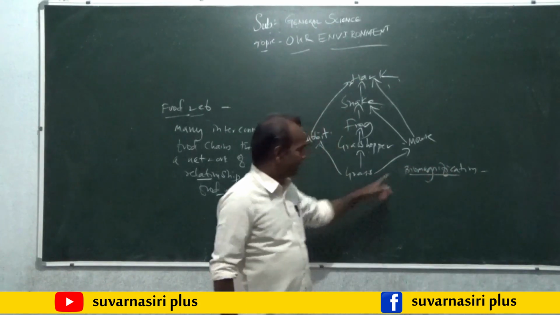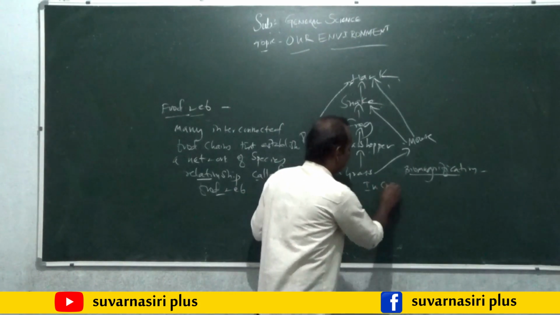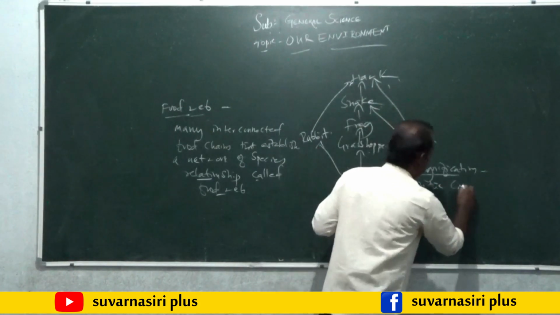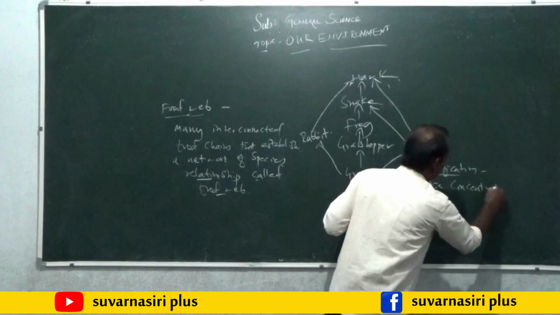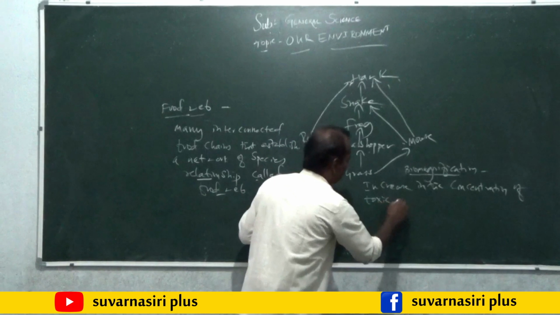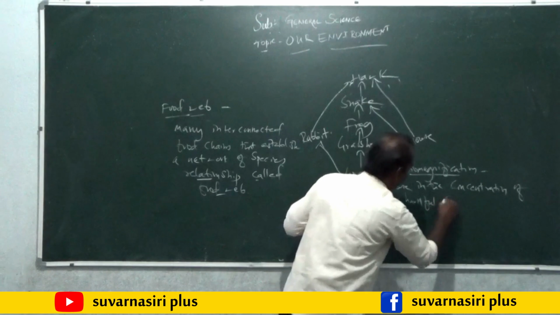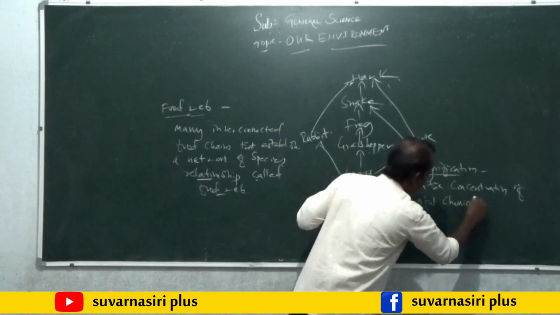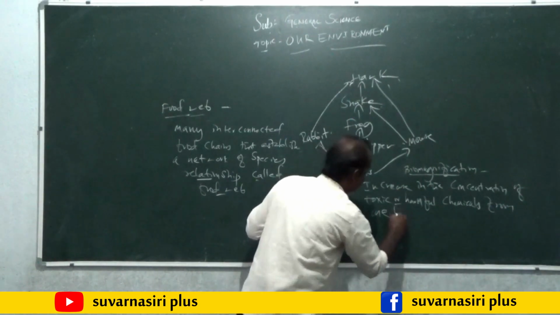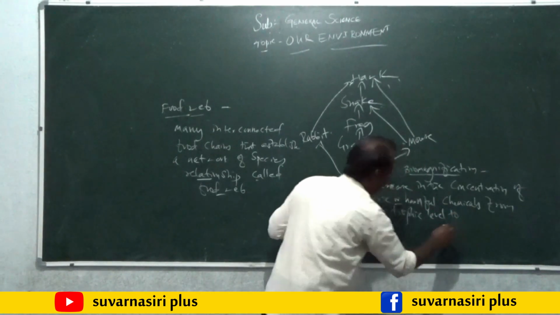In other words, you can write the meaning of biomagnification like this: increase in the concentration of toxic or harmful chemicals from one trophic level to another trophic level.